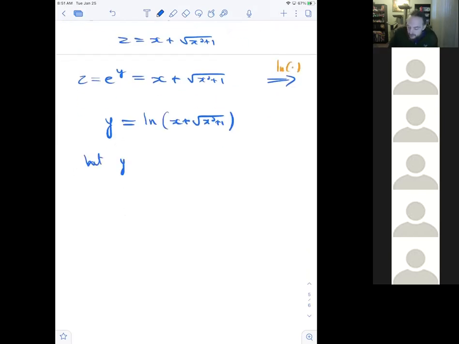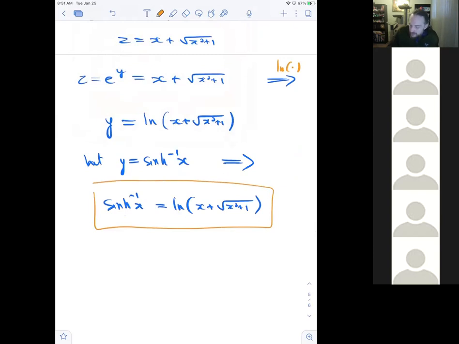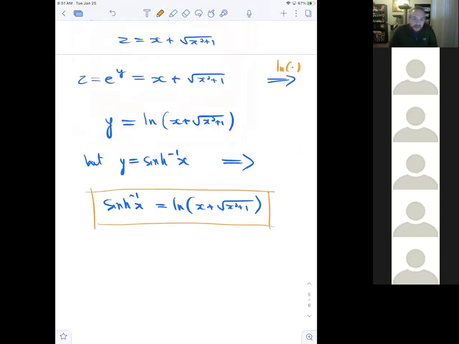But y equals sine hyperbolic inverse of x implies that sine hyperbolic inverse of x is equal to the natural log of x plus the square root of x squared plus 1. So this is how you can do this for cosine hyperbolic and tan hyperbolic.